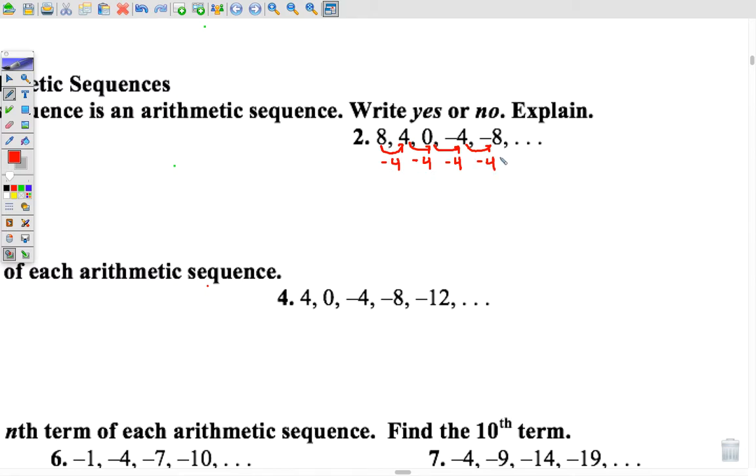So again, we have a constant rate of change. So this is an arithmetic sequence. So we're going to say yes. And our explanation is that we have a constant rate of change of 4. Or sorry, of negative 4.